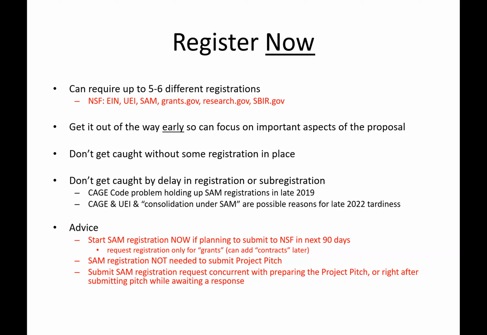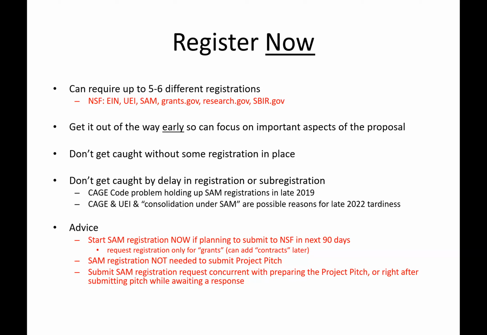You need to be registered on SAM, which is a system-wide area management system at the federal government. It's the most painful part of the registration process, both in terms of the amount of time for you to fill out all the forms, plus the weeks that it can take for SAM to actually approve your registration.